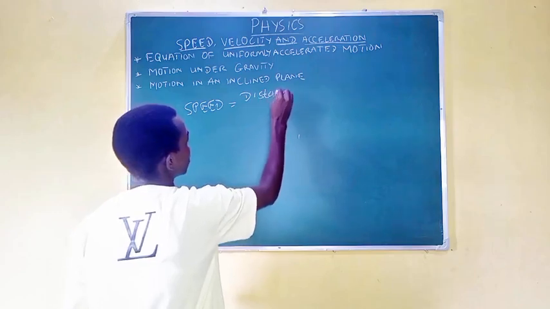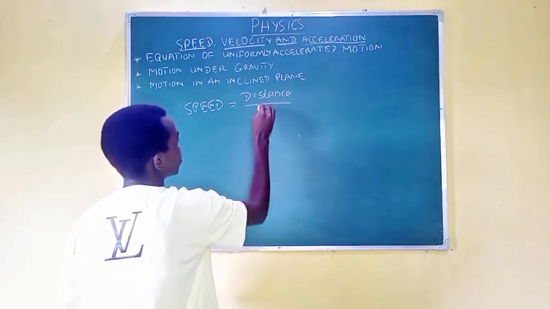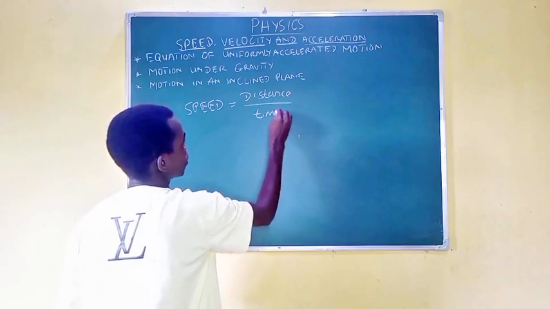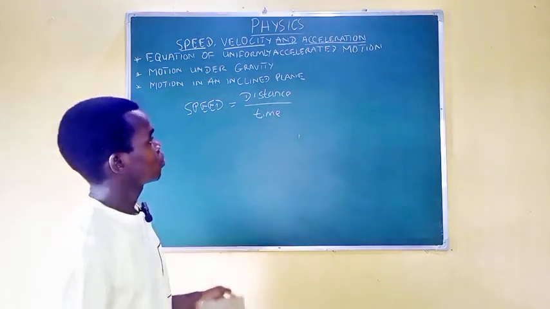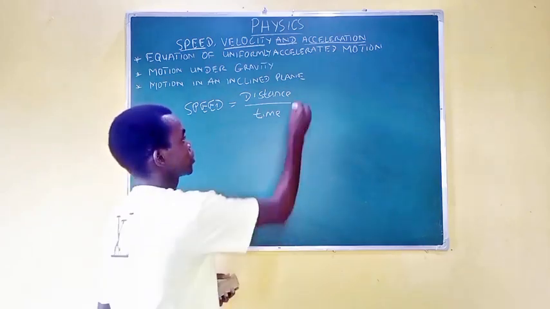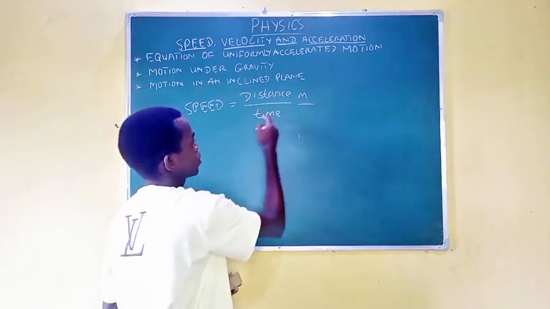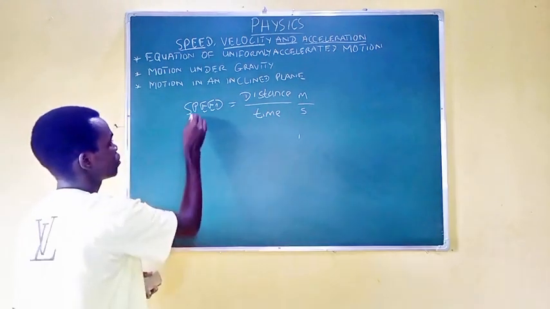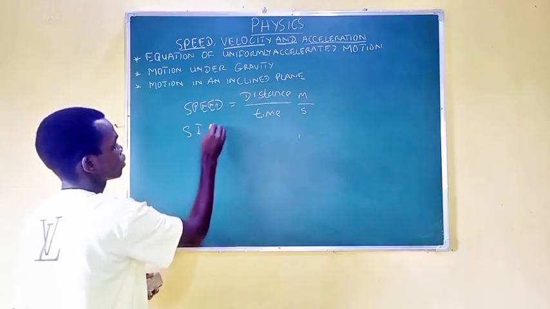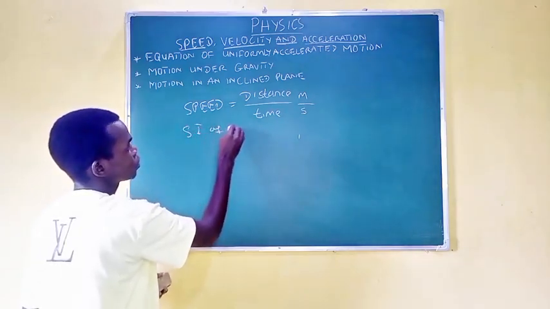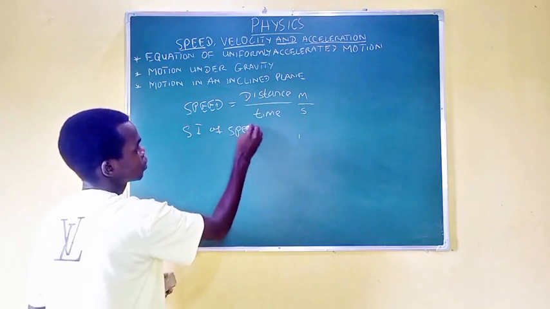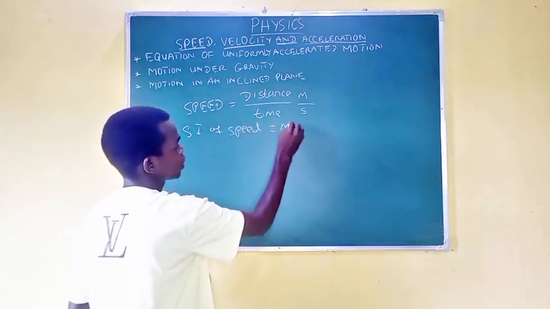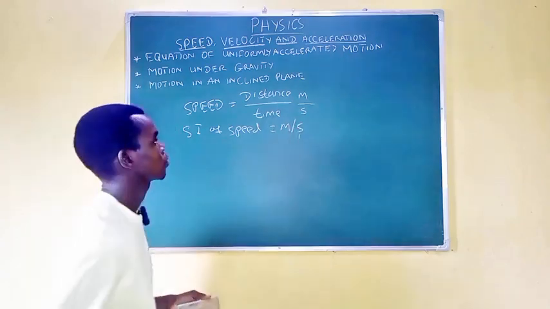Distance is measured in meters, whilst time is measured in seconds. Therefore, the SI unit of speed is meter per second.